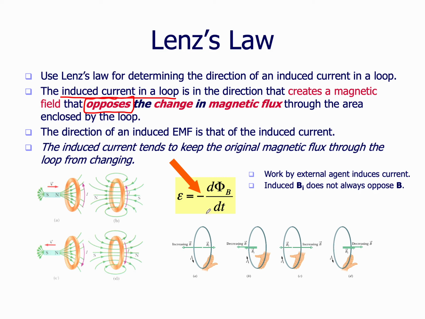What produces that current? Well, it's the voltage, or the EMF. And so the induced current is always going to oppose the change in flux. And that's what this negative sign comes from.